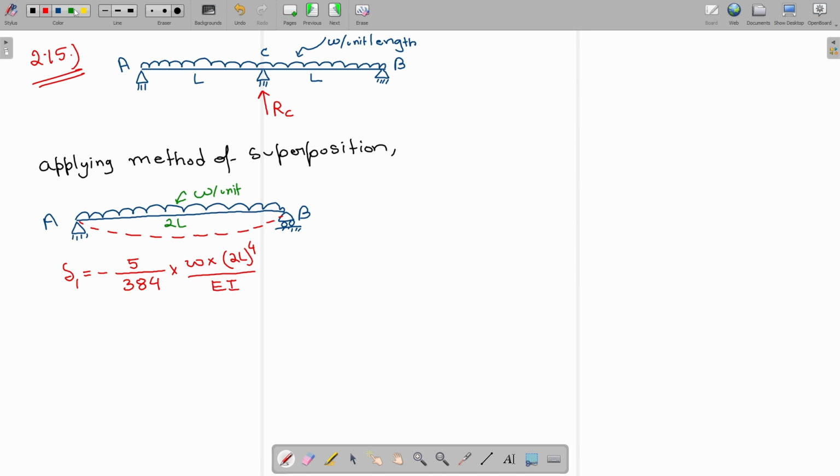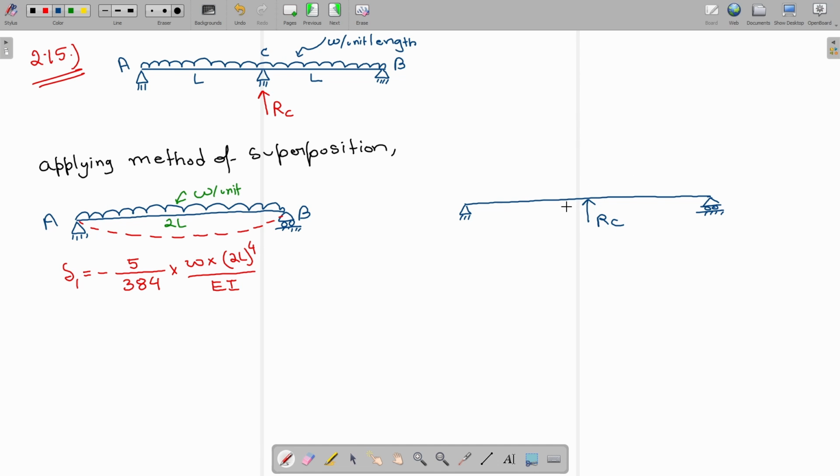Now in the second case we are going to consider the same beam of same span, but instead of the UDL we are going to apply the reaction support RC.